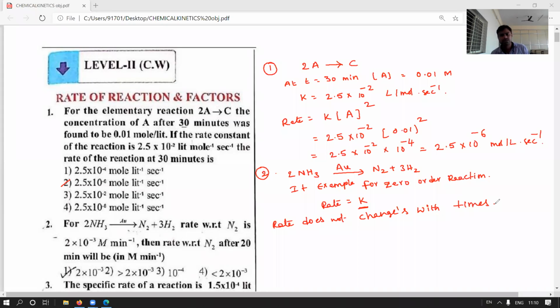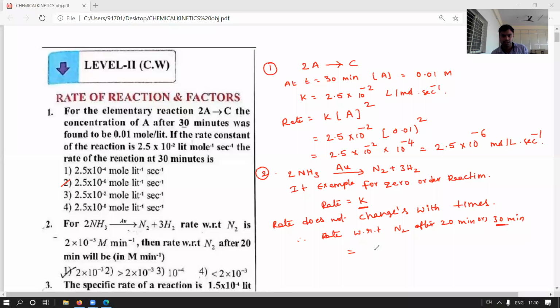The rate does not change with time. Therefore, the rate with respect to N2 after 30 minutes or after 20 minutes, whatever the time they gave, is constant only.